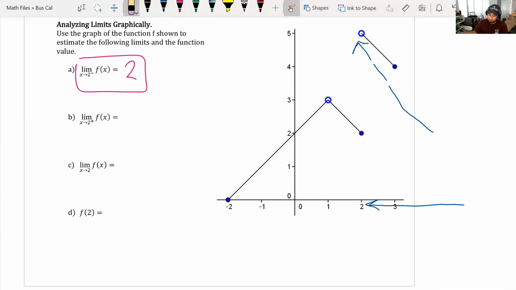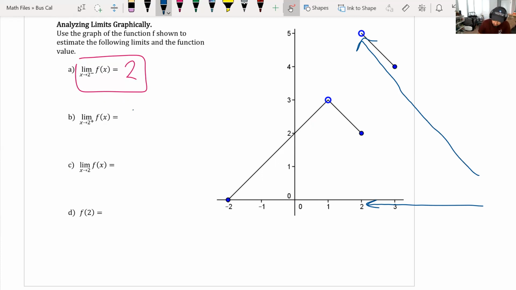All right, let's do it again. As you approach 2 from the right, you see that your y values slowly start to approach 5. Okay, so this means the limit as x approaches 2 from the right will be 5.